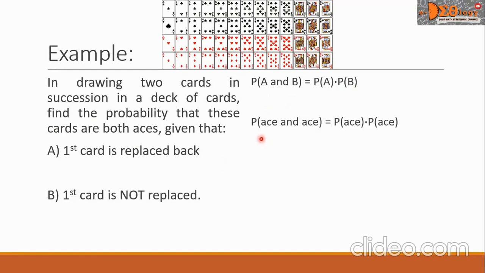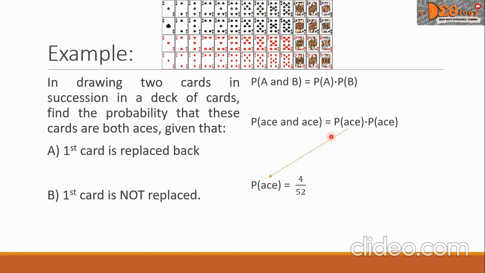We may write here the P of A's and A's equals P of A's times P of A's. But in letter A, the first card is replaced back after drawing.